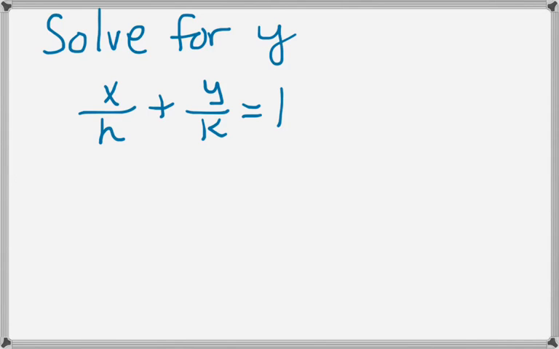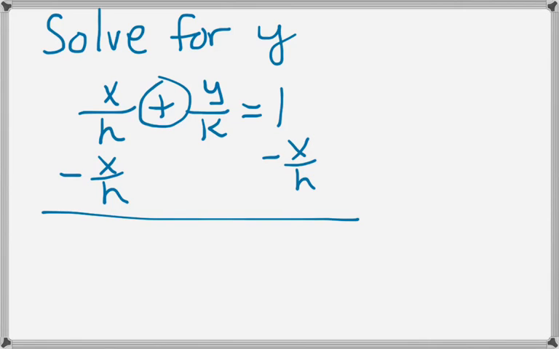We want to get terms with y on one side, terms without y on the other side. Now we have two terms on the left side because we just have the one plus sign. So the first term does not have y, the second term does. So we'll subtract x over h from both sides.